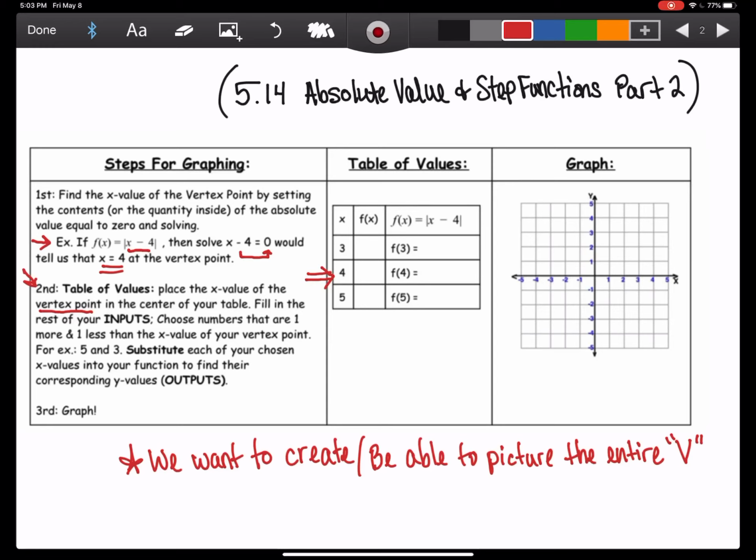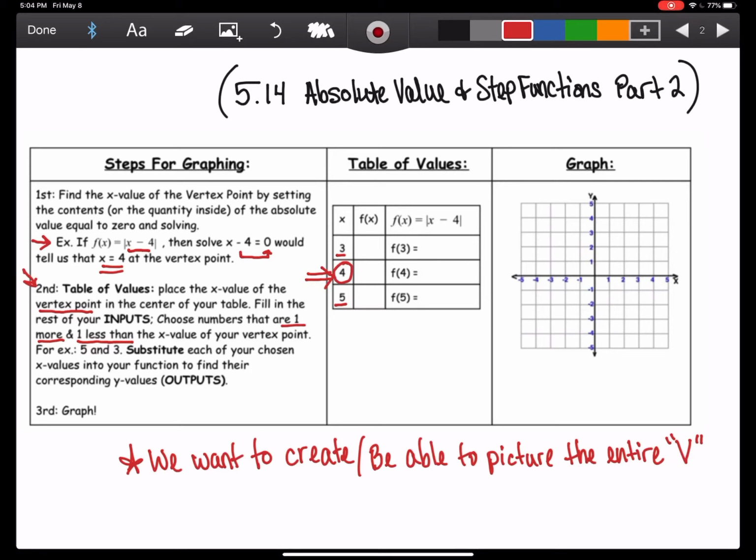Fill in the rest of your inputs. Choose numbers that are 1 more and 1 less than that x value. So if your vertex point has an x value of 4, go 1 less and use 3, and go 1 more and use 5. This will give you that V-shaped look on the graph.